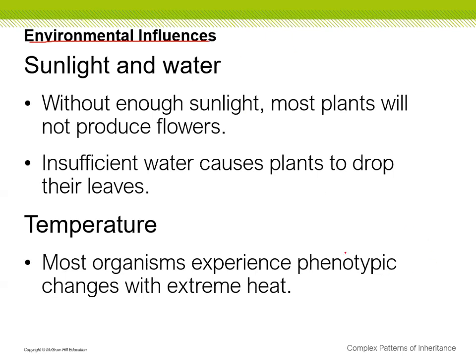The other thing is that lots of animals specifically change what they look like, their phenotype, with extreme heat or cold. We see a lot of examples of how temperature affects organisms. Bunnies, for example, a lot of them end up turning white in winter.